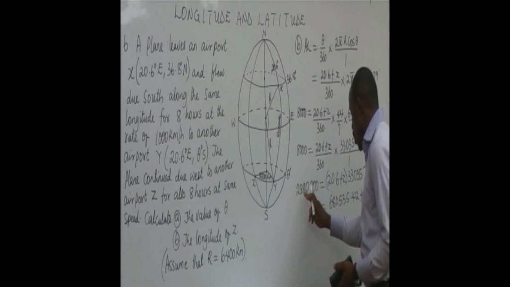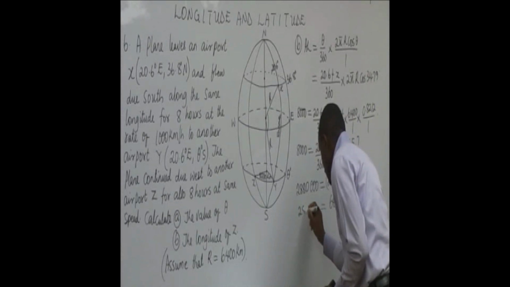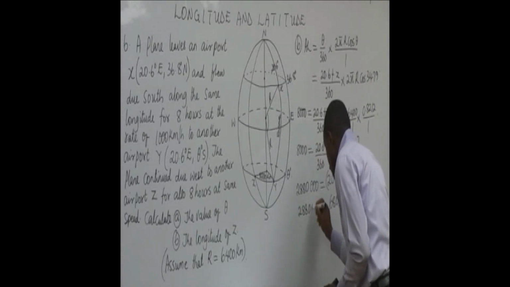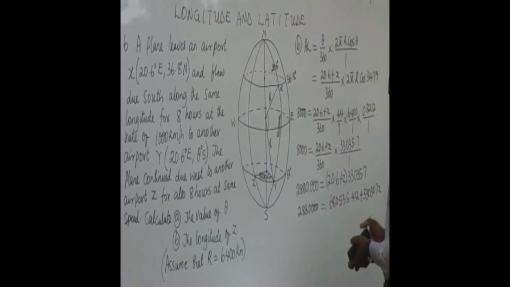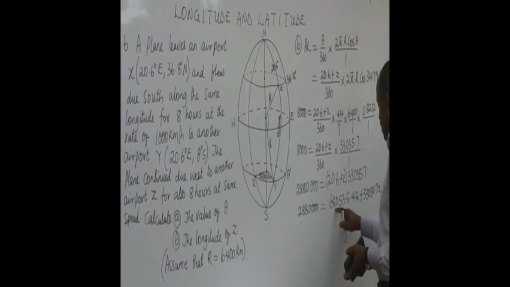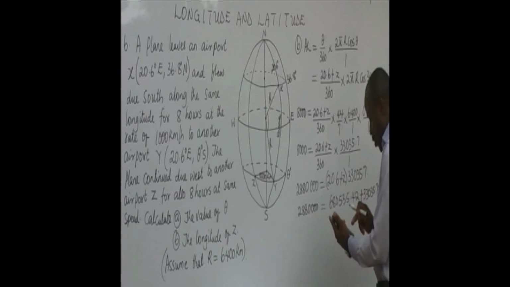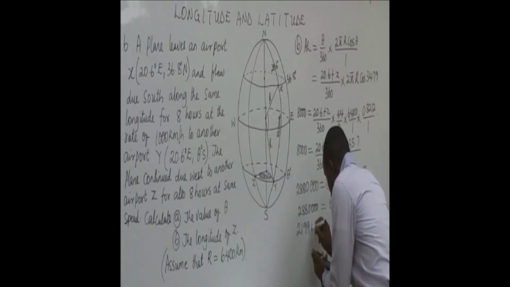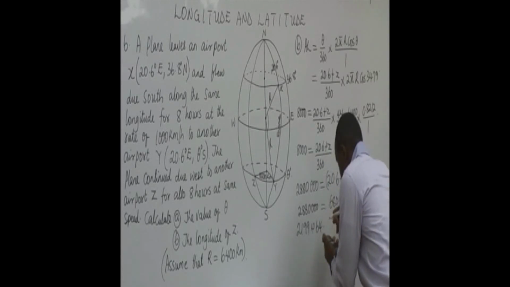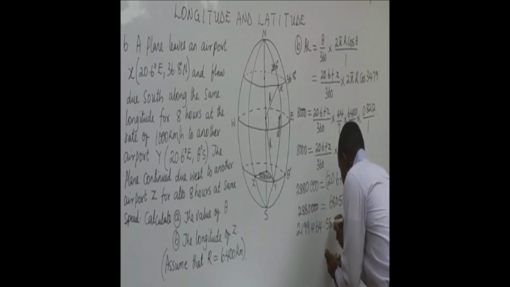Now remember this is equal to 288,000. What you do now is subtract this from both sides so as to eliminate this from the right hand side. On the left hand side, you're going to have 2199,464.58.